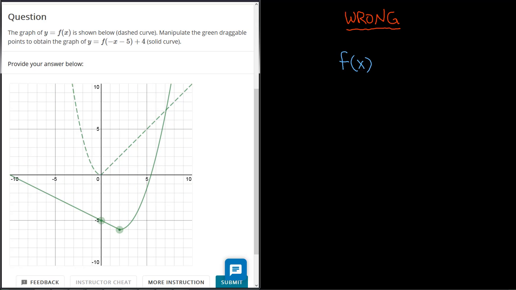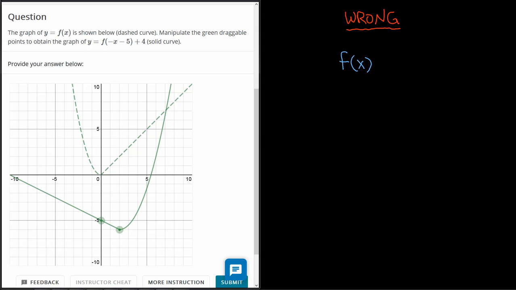My goal is to move that solid graph so that it makes the graph of this transformed version of the original function. Some algebraic transformations get us from the original to the new thing, and that puts into effect a sequence of transformations of the graph. We have to figure out how that works.